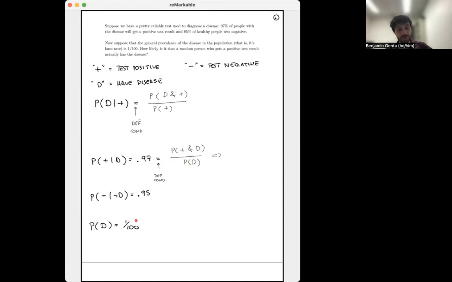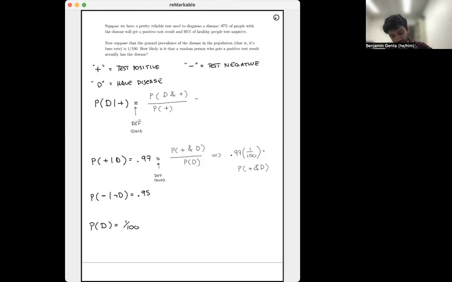It's 1 over 100, and that gives us the probability that you test positive and that you have the disease. So it's 0.97 times 1 over 100, which is equal to the probability that you test positive and you have the disease.